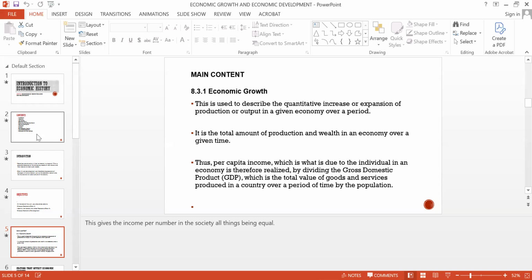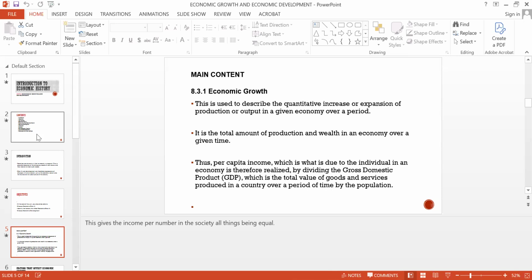So it is the total amount of production and wealth in an economy. What is the level of production? How much oil is Dangote refinery producing? How much goods or services is MTN generating, or say Globacom? Do you understand what I'm trying to say? So it is the total amount of production of wealth in an economy over a relatively protracted time frame.